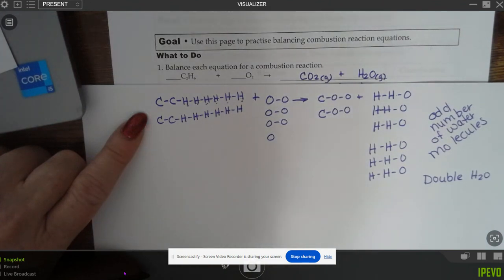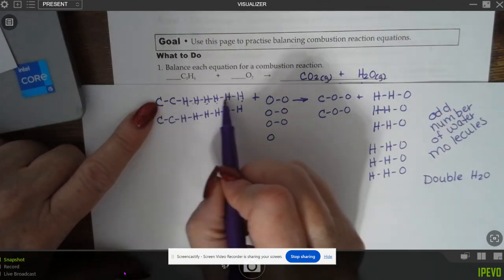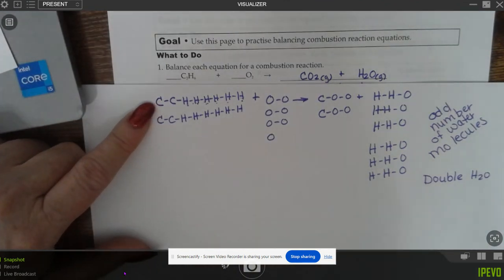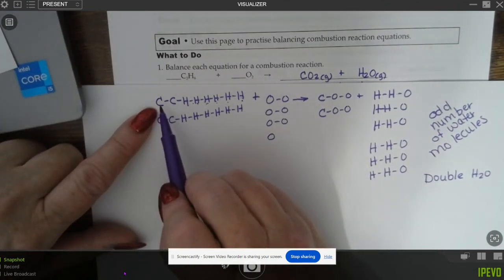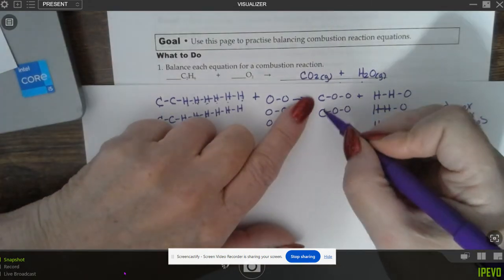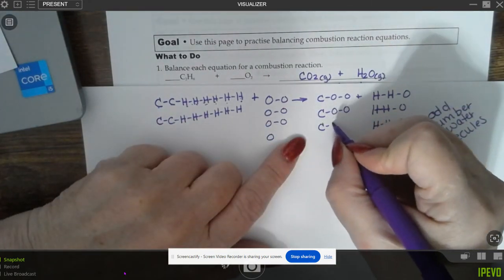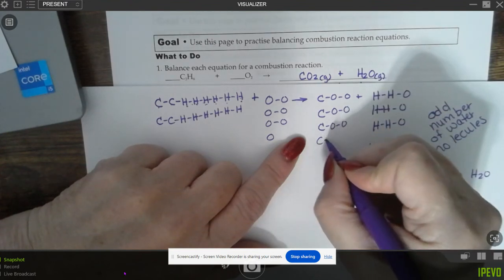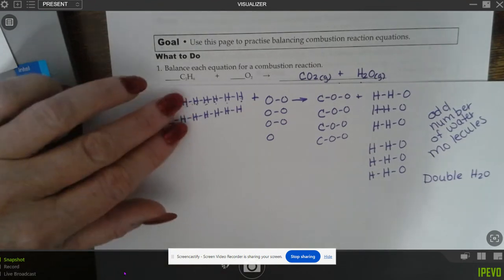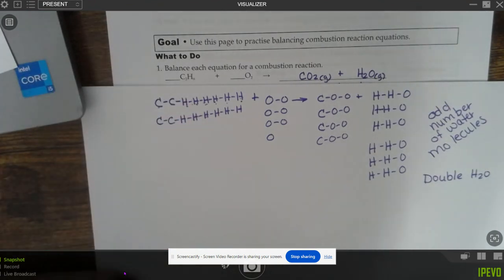Okay, so now I have 12 hydrogen on each side. I have how many carbon? 1, 2, 3, 4. So I've only got 2 here, so I need to add carbon, oxygen, oxygen, carbon, oxygen, oxygen. Now my carbons and my hydrogens are balanced.